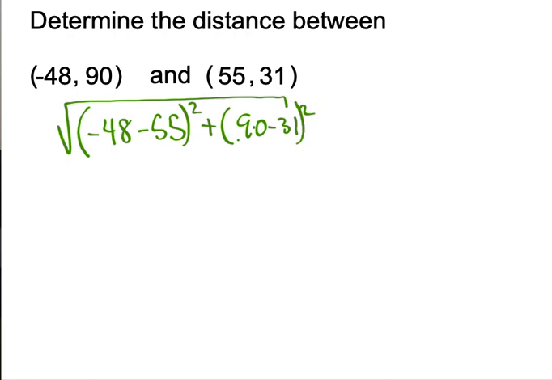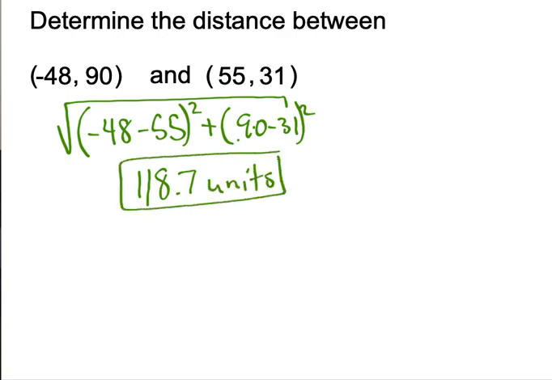Now I'm going to type that whole thing into my calculator. -48 minus 55, square that, and then we're going to add 90 minus 31 and square that. And I get 118.701, but we'll round that to 118.7 units.